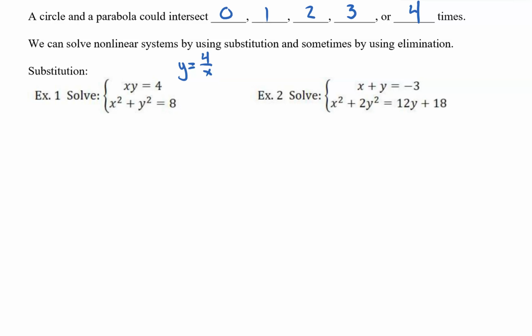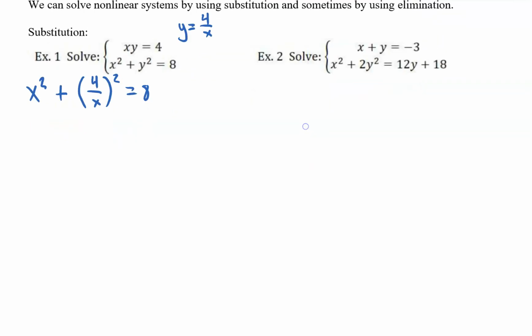So now we want to use substitution here to solve this out. So I'm going to replace the y in the second equation with what y equals. So we're going to have x squared plus 4 over x, and we would square all that, is equal to 8.